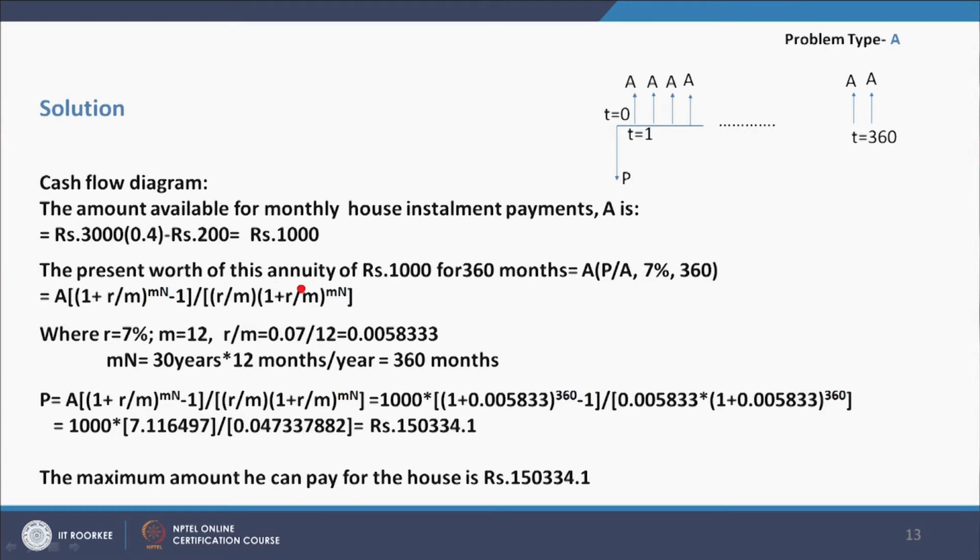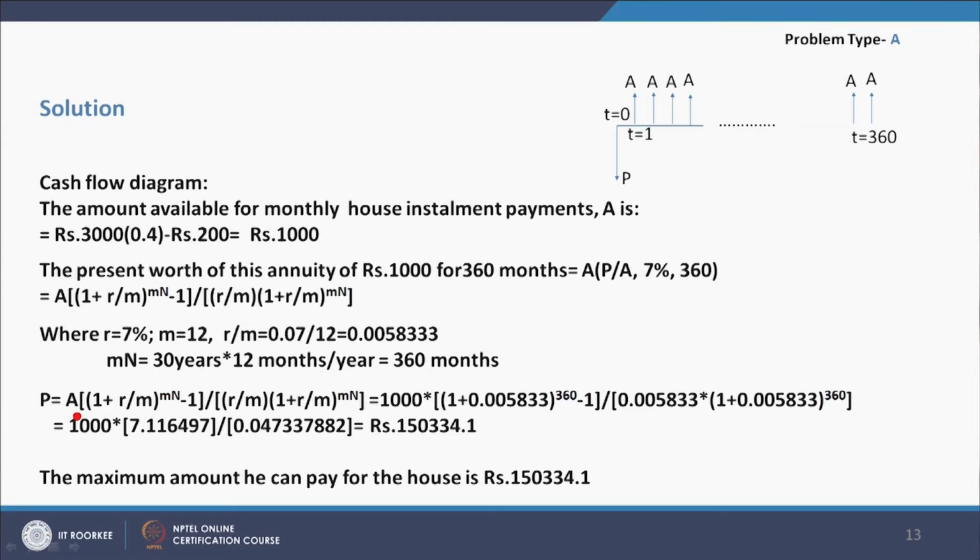So, the present worth of this annuity of 1,000 for 360 months is equal to A into (P/A, 7%, 360), and the formula for this is a discrete compounding formula where r is equal to 7%, m equal to 12. So, r/m is equal to 0.07 divided by 12, equal to 0.005833. m into n is 30 years into 12 months, which comes out to be 360 months.